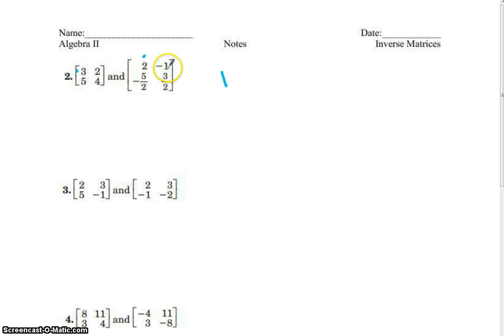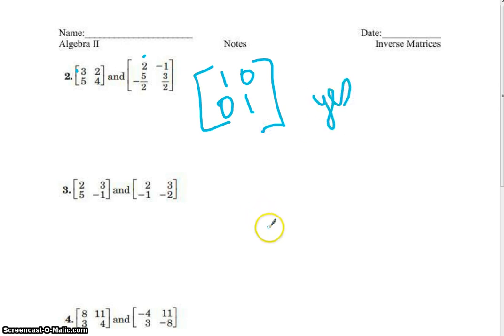Then you're going to have negative 3 plus 3 is 0. You're going to have 10 minus 10 is 0. And you're going to have negative 5 plus 6 is 1. When you look at it, this is the identity matrix. So yes, they are inverse.